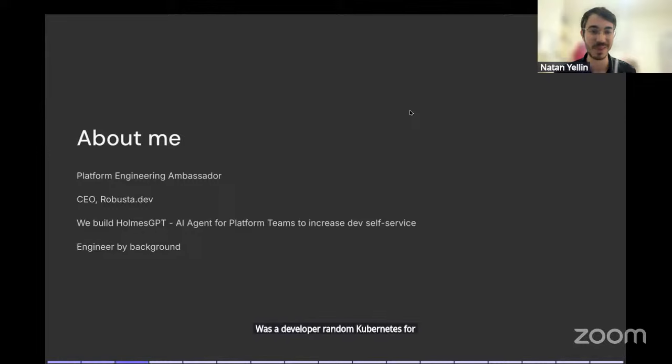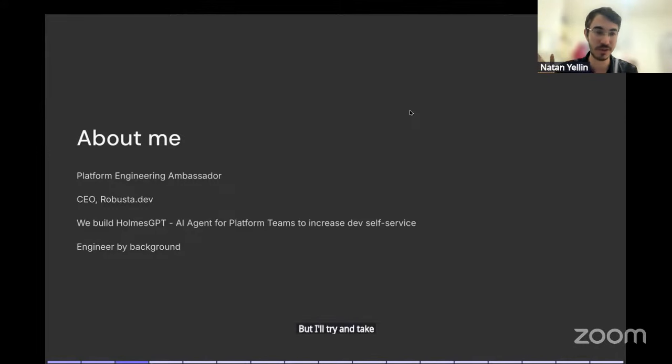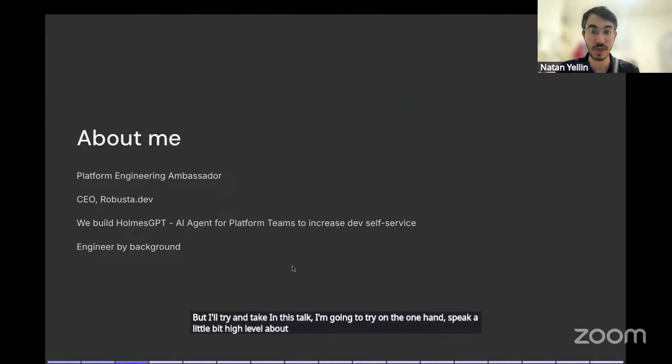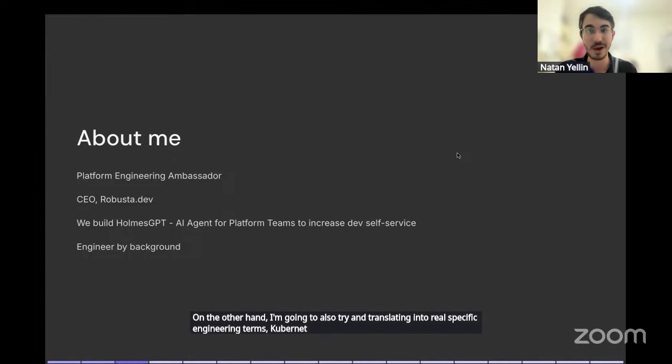In this talk, on the one hand I'll speak at a high level about strategy and how you should think about it. On the other hand, I'll translate that into specific engineering terms, Kubernetes, Kustomize, Helm, whatever, to make it practical, so that at the end of the talk you have rules that you can look at when making specific architectural decisions.